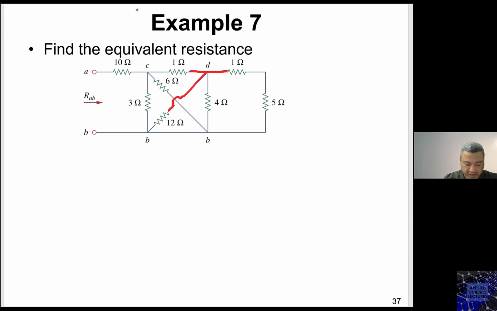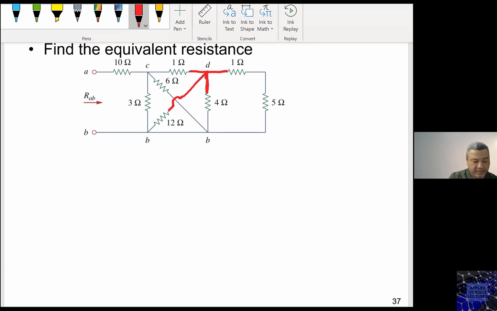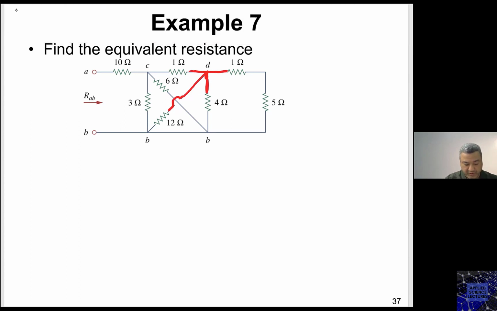Those in red are one node, and those in blue are one node.